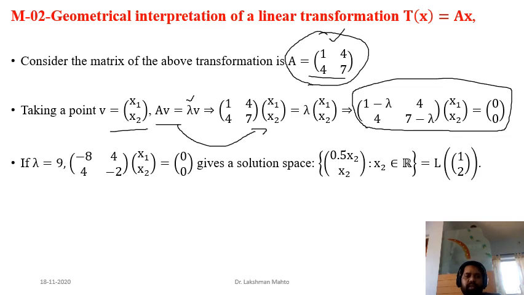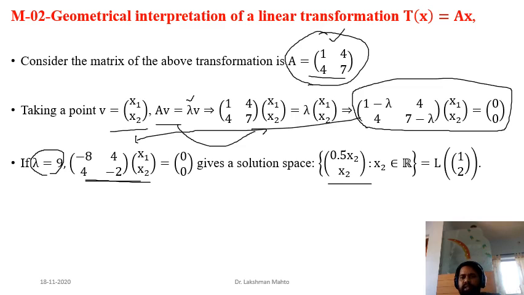So suppose you take lambda equal to 9. Then this system will take this form. And what is the solution space of this system for lambda equal to 9? The solution space is just the linear span of the vector 1 2. That means direction 1 2. So this 1 2 is a special vector.